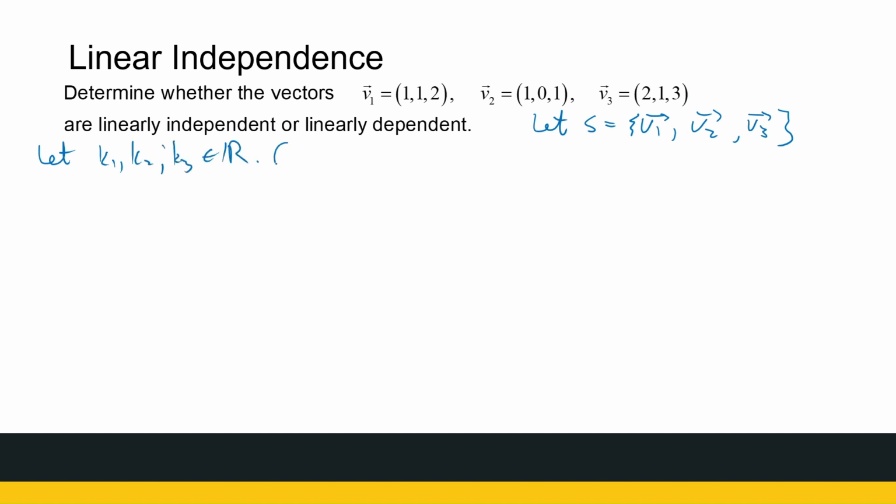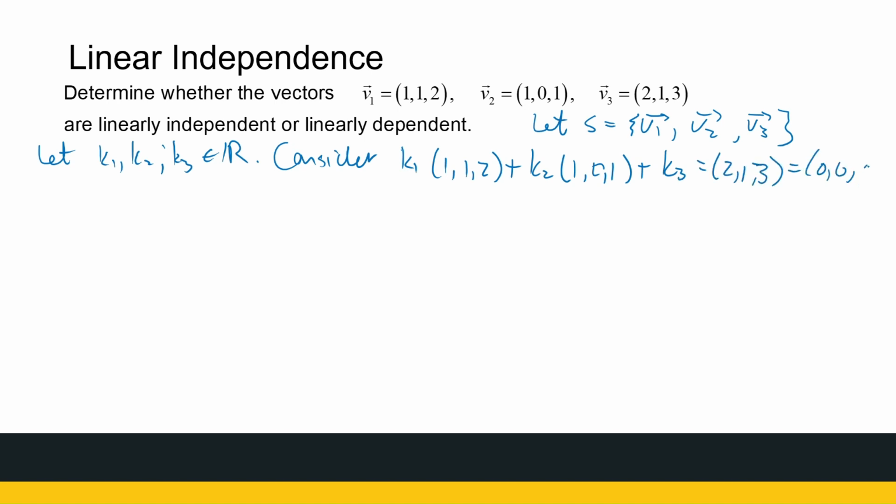And we're going to consider the vector equation K1 times V1, which is 1, 1, 2, plus K2 times 1, 0, 1, plus K3 times 2, 1, 3, equal to the 0 vector, 0, 0, 0. And we want to know, does this system generated from this vector equation have only the trivial solution?